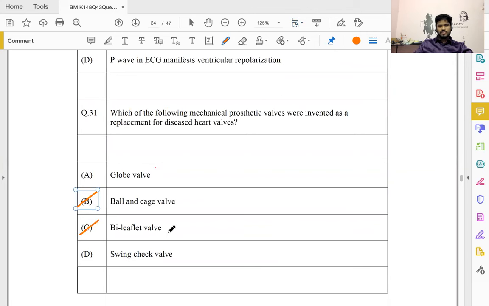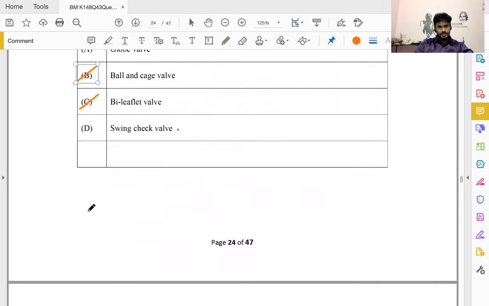But globe ball is there, swing check balls are there in your cars, engines, and all that. Cars and bikes, not a hot ball. So again, I suppose B and C is the key. So no issues there.